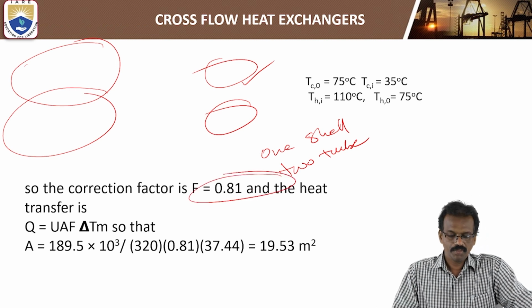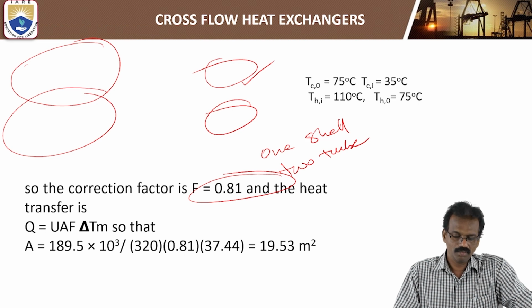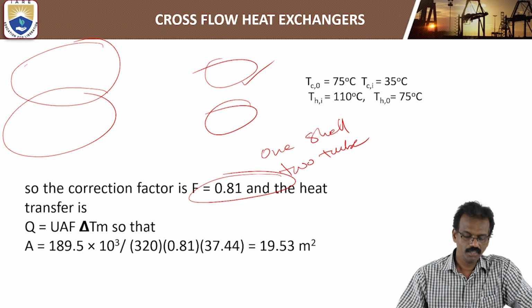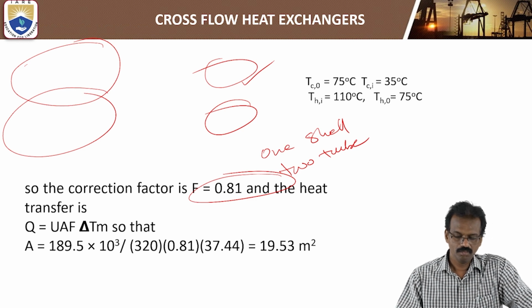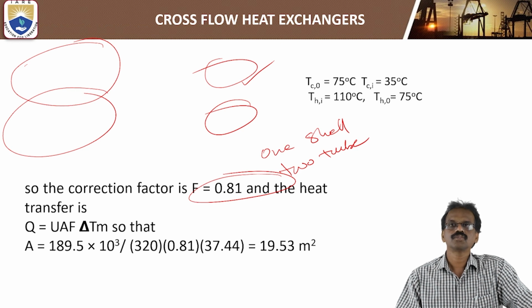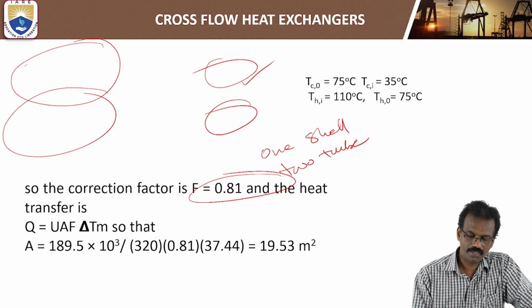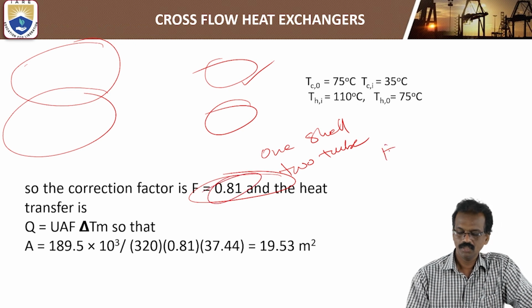Okay, 0.82, no problem. It will not affect the answer. So 0.8 or more than 0.8, so you have to take the F value.